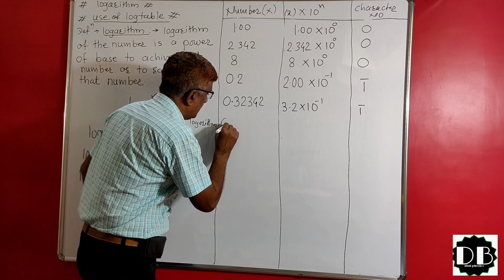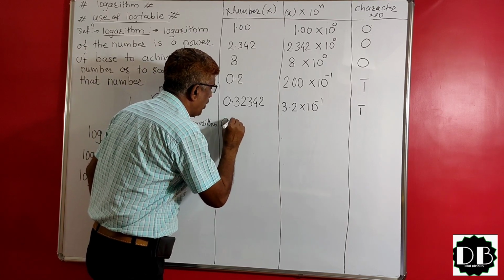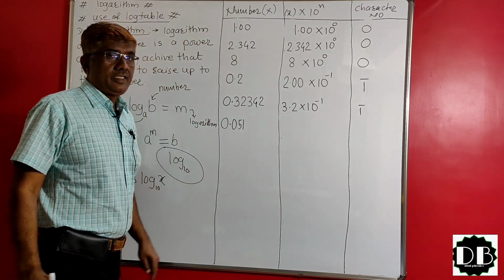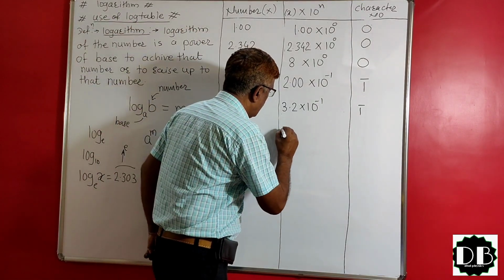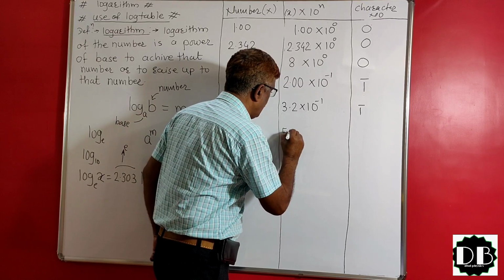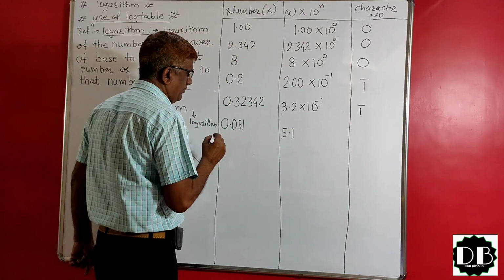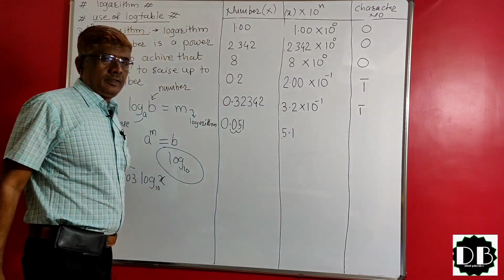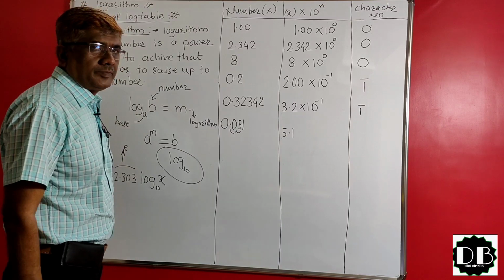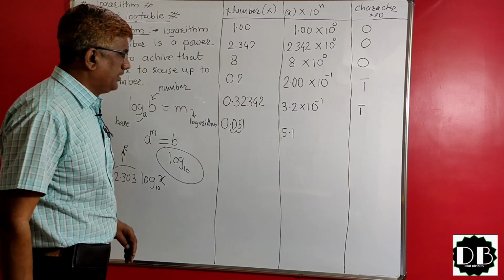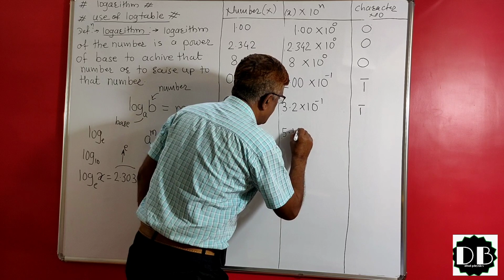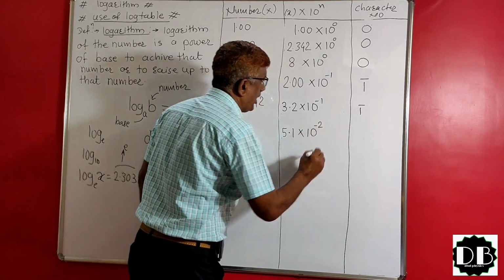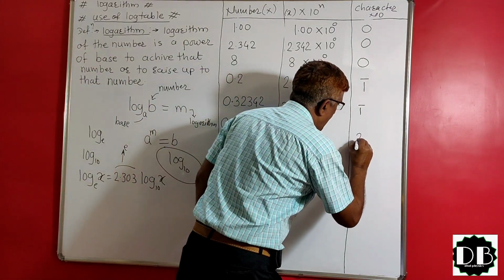But suppose that our number is not 0.51, but 0.051. Now a difference is there. We can convert it into 5.1. During this conversion, we shift the decimal point through 2 digits from left to right, so that this is equal to 10 raised to minus 2. The characteristic number is bar 2.